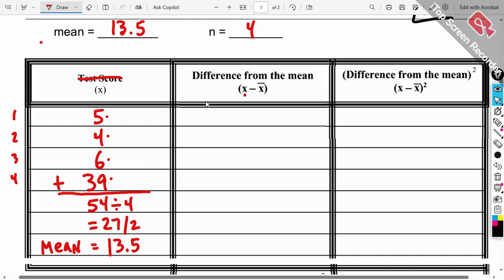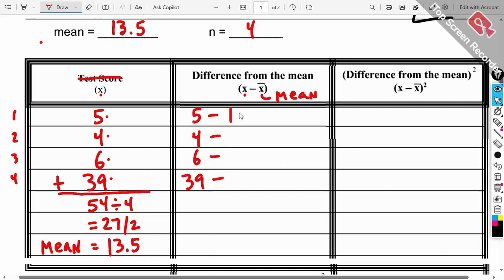All right, next up, difference from the mean. You start with x, so you just rewrite the numbers you have here, 5, 4, 6, and 39. Minus x bar. Remember, x bar is your mean. So in each case, we're going to subtract the mean.